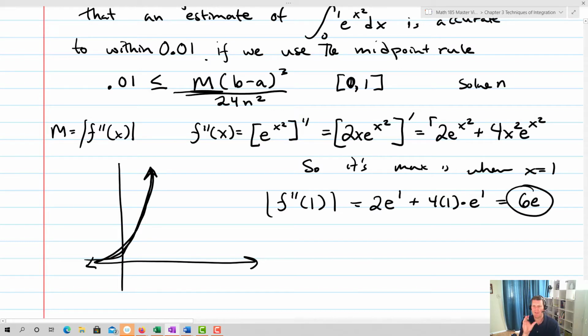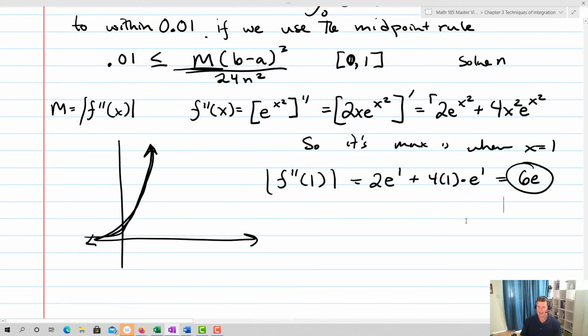So we found the second derivative for our function. And then we figured out graphically, or you might have to take the third derivative and find where you have critical values, that it's going to be largest at x equals 1.